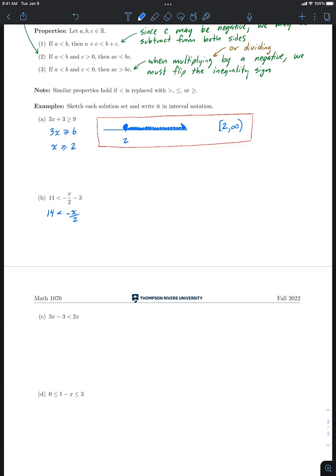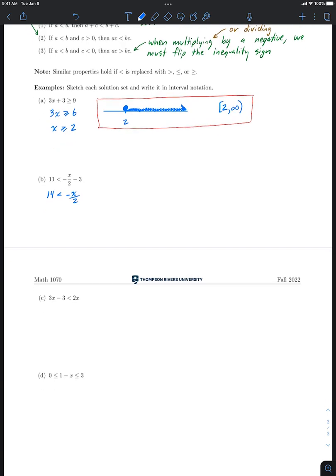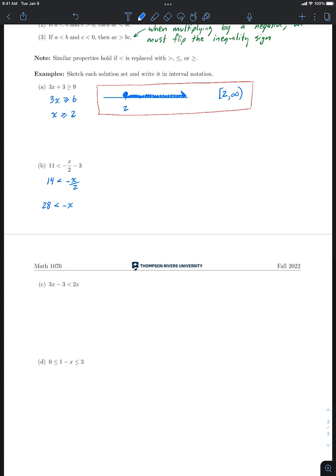Okay, so next I want to get rid of that 2 in the denominator of the fraction on the right-hand side. So I can multiply both sides by 2, right? Let's do that. If we multiply both sides by 2, we're going to have 28 on the left-hand side. And if I multiply the right-hand side by 2, I'll end up just getting negative x. Because if I had half of a negative x and I double it, I'm going to get a whole negative x. Okay, and finally, we're getting close, right?